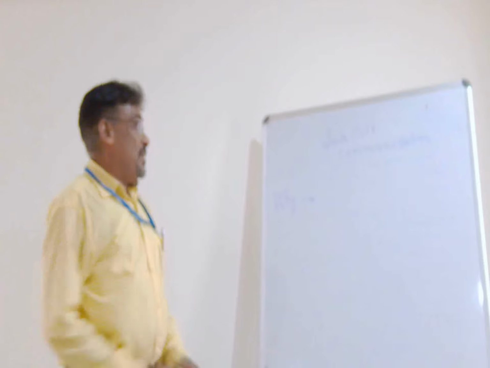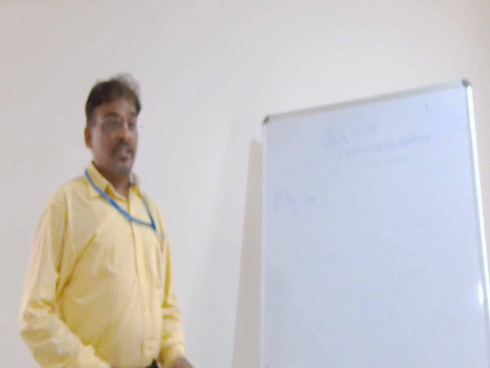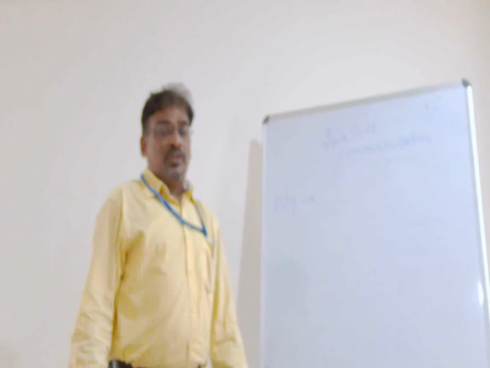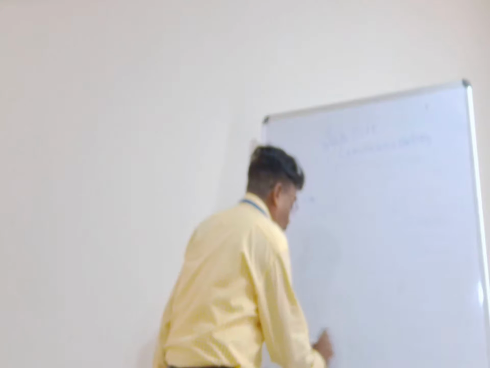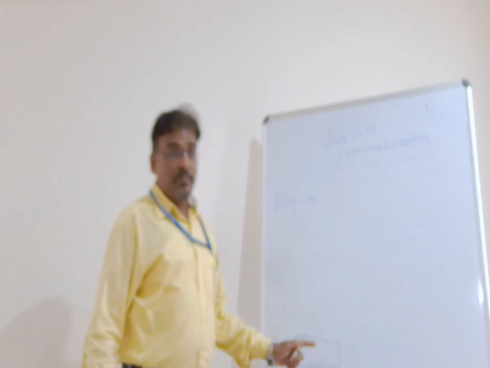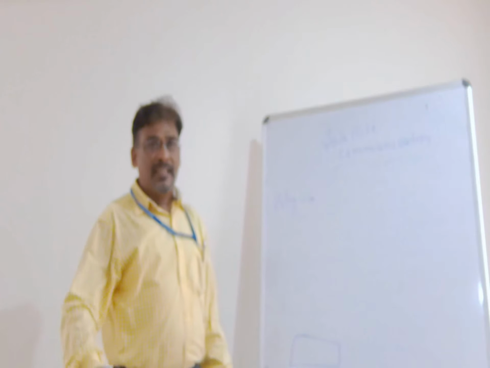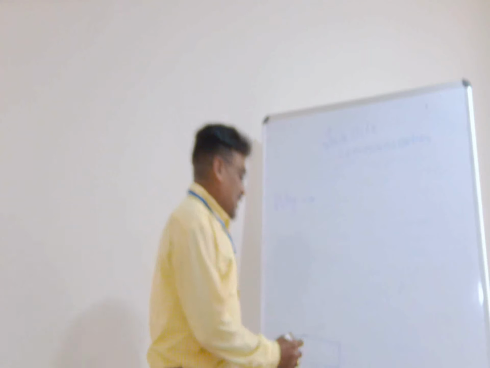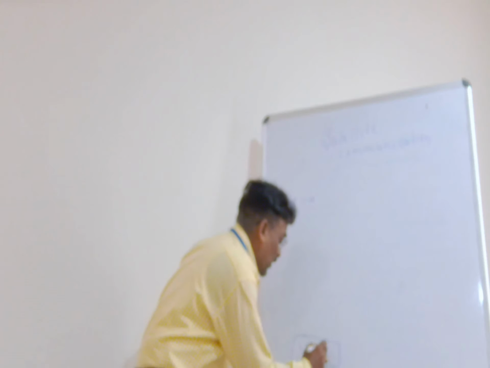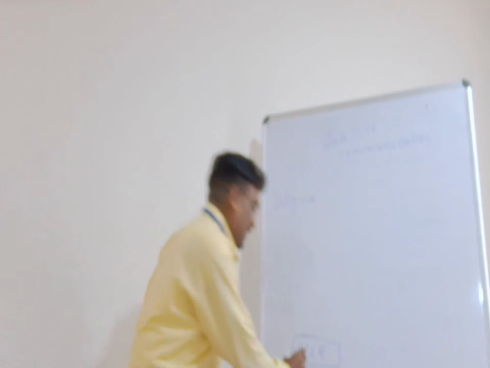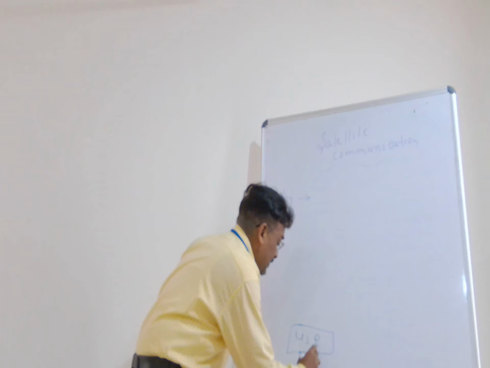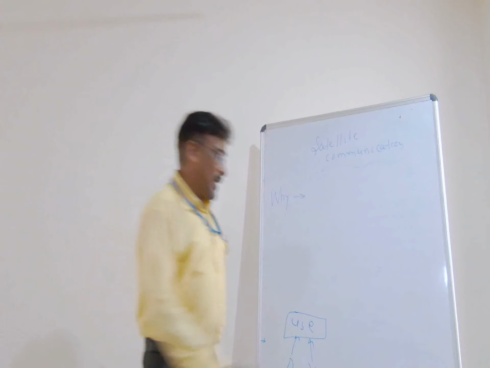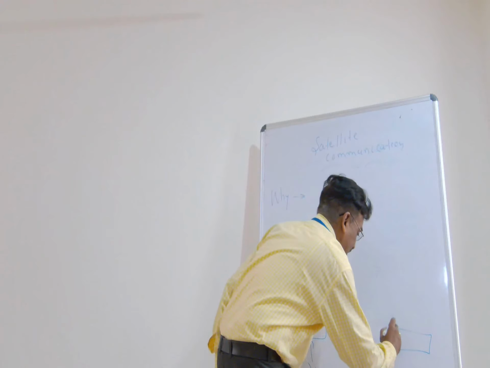Now we'll see how a satellite communication system can be represented in the simplest way through this block diagram. From this simplest block diagram of satellite communication, we are capable of understanding what a satellite system is. Let us say we want to communicate data or voice. At present we have data and voice, and we want to communicate to a destination.